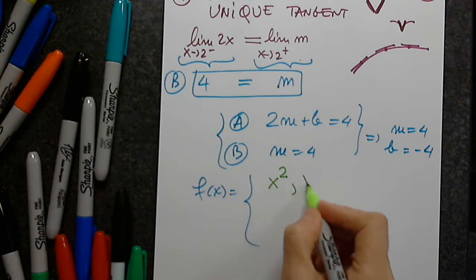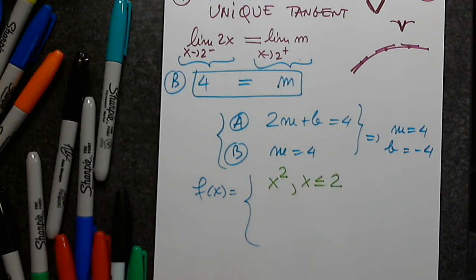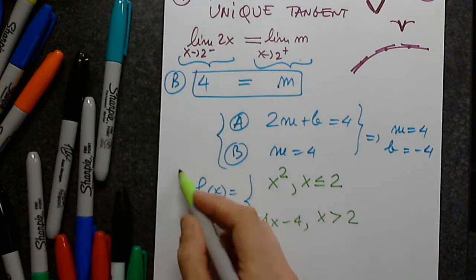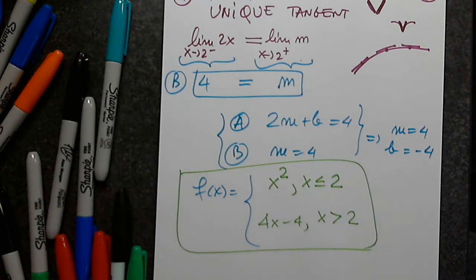x squared for x less than or equal to 2, and 4x minus 4 for x greater than 2. This function is differentiable everywhere. We made it so.